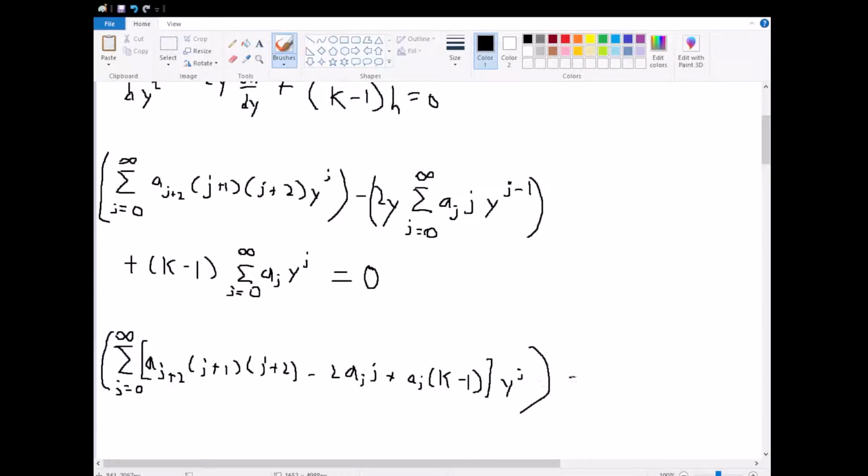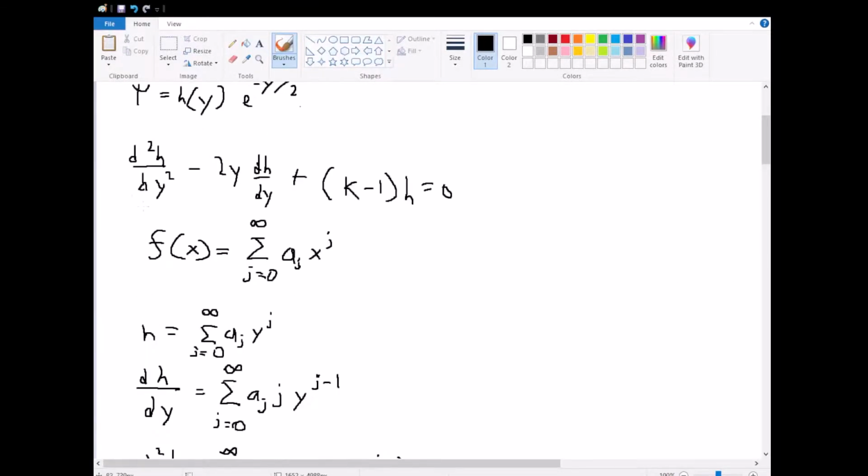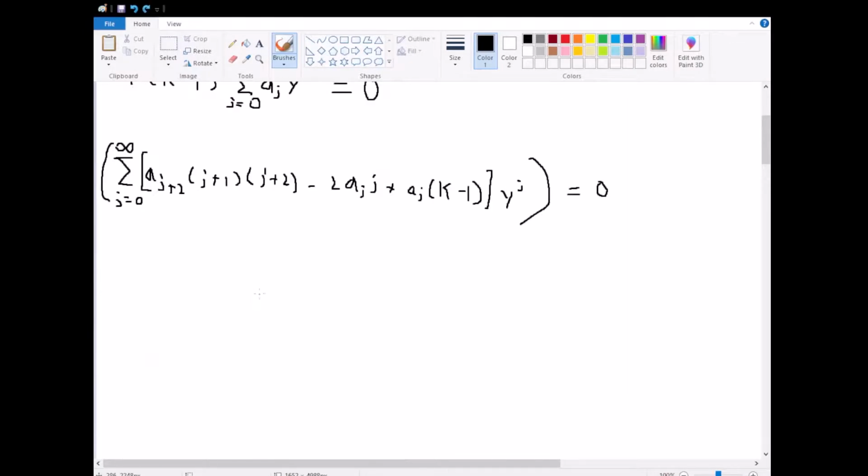So in total, this is equal to 0. And now, instead of having this really nasty second order differential, we reduced it to just this, which is a lot of indexes, but it's all in terms of j and single powers of j, and there's no derivatives. So in many ways, this is a nicer form to be working with.